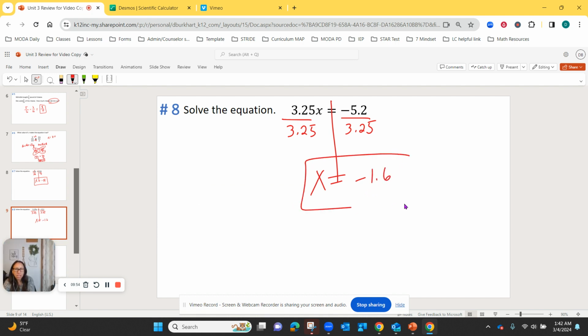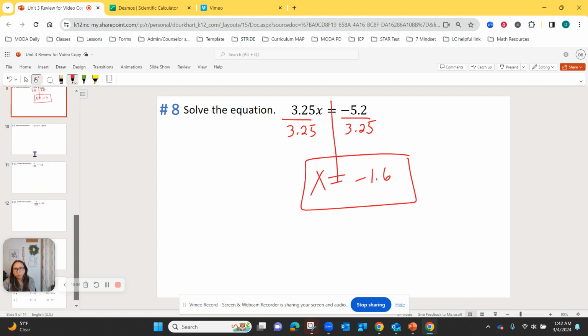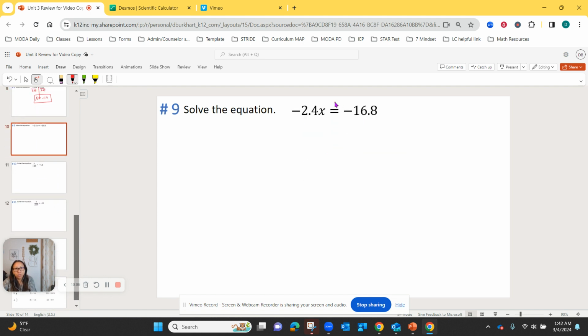Now, in this case, it's okay to have a decimal answer because you started off with your equation as a decimal.